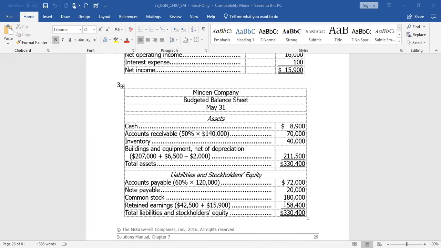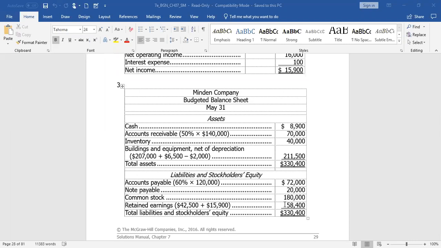The next problem I would like to look at is on page 339. It's problem 727A. They give us information related to Shiloh Company, a wholesaler distributor of consumer goods. They give us information about their assets, liabilities, and parts of stockholders' equity as of March 31st.